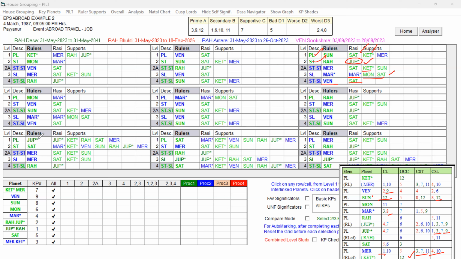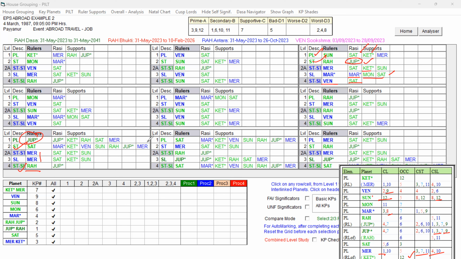The 9th sublord is a good key planet, in the star of Saturn, which is good. The star lord of the star lord, and Mercury, the sublord, all talk about the professional prospect, and it is supportive. The star lord of the sublord is Rahu, which is also supportive. So these 1, 10, 5, 3, 7, 11, and 4 and 10 are all very good houses for the job prospects, and 4 and 10 is supportive for a job in the homeland also.